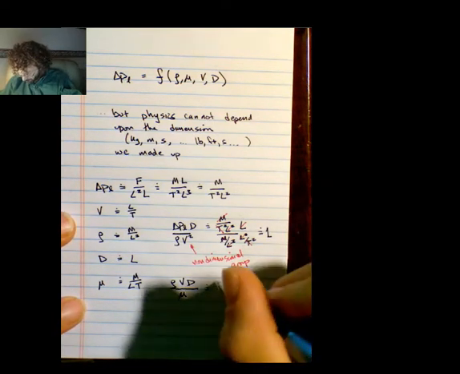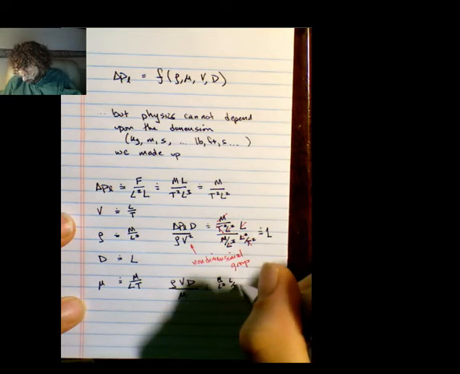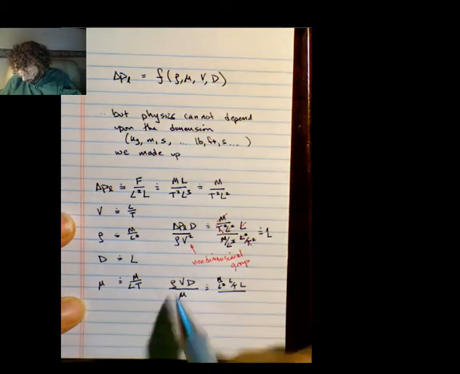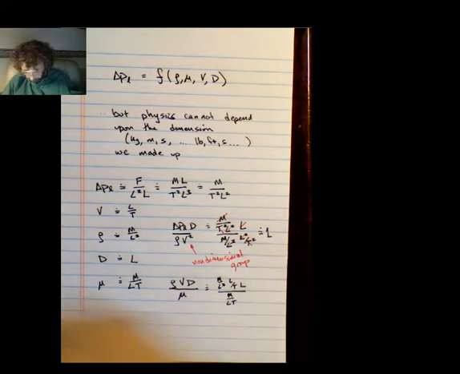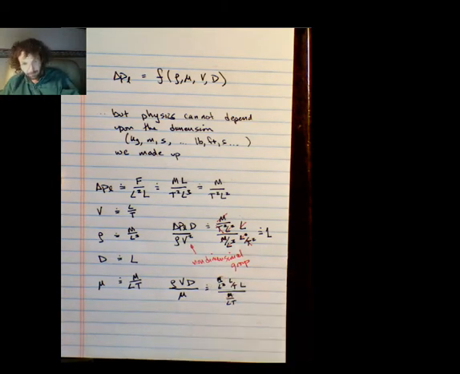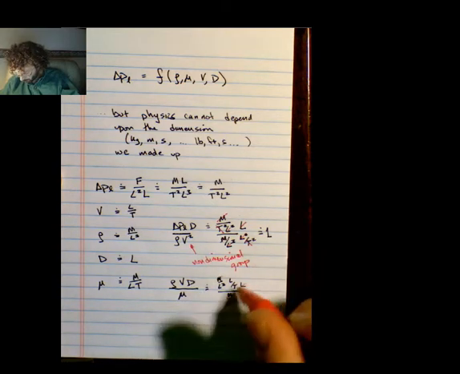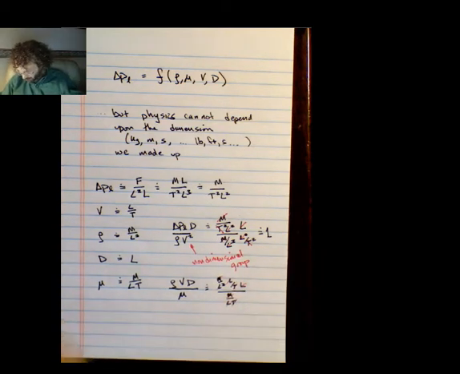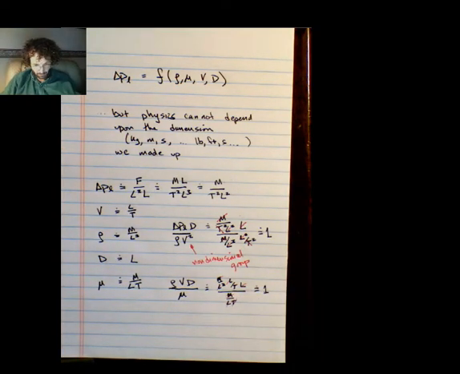And so what are the dimensions of this? Well, it's a mass per length cubed. It's a length per time. It's a length. Those are the three in the numerator. And then it's a mass per length time. And if you look at this carefully, the masses cancel. The 1 over t's cancel. And we have L squared over L cubed and 1 over L. The L's all cancel. So this also has dimensions of 1.